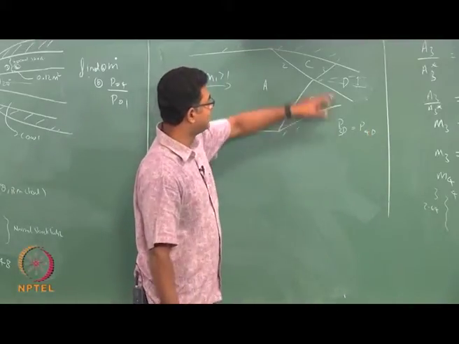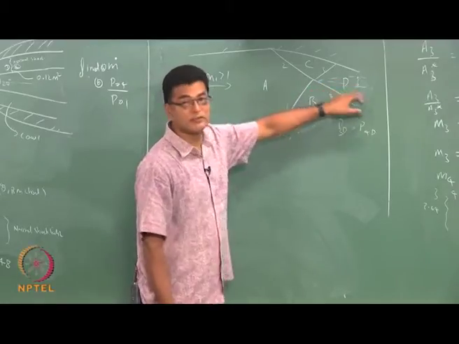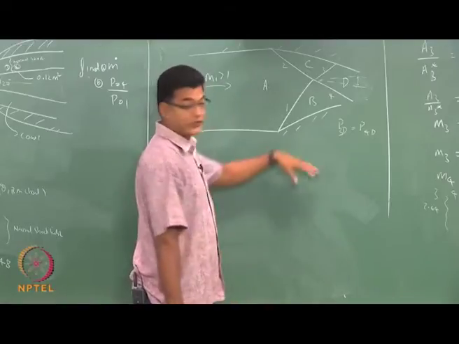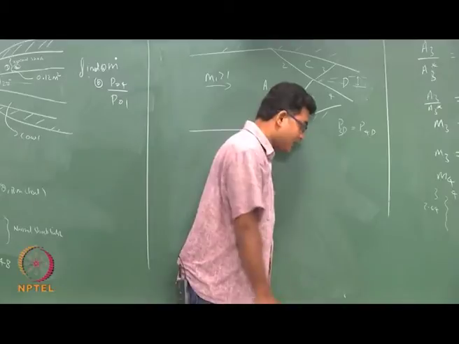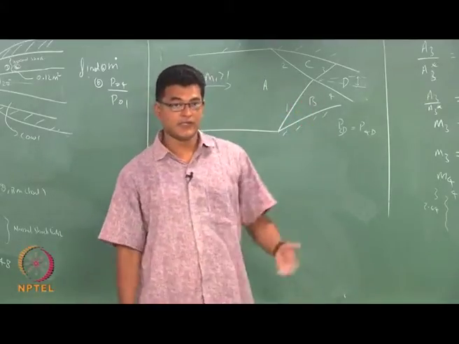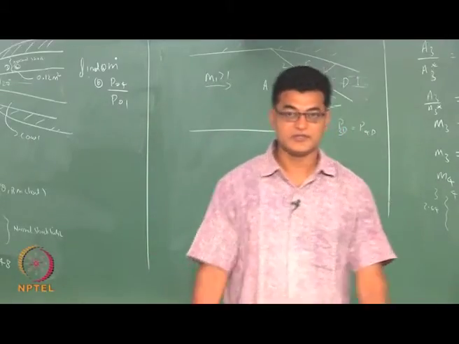Pressure due to the third shock and pressure due to the fourth shock in the slip line is the same, and the velocity is in the same direction. So, you have to do this iteratively. We are just not trying to do that numerical problem here, but it is possible to evaluate that if we have enough time or a computer with us.